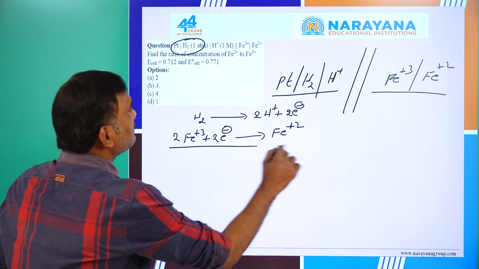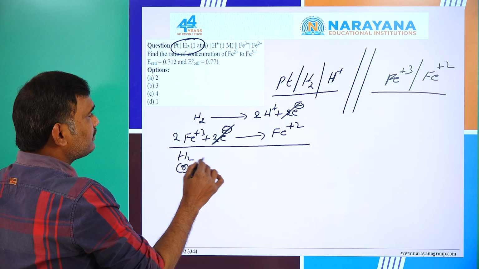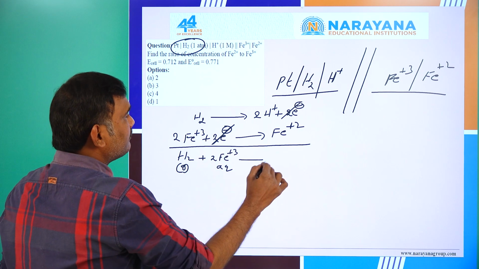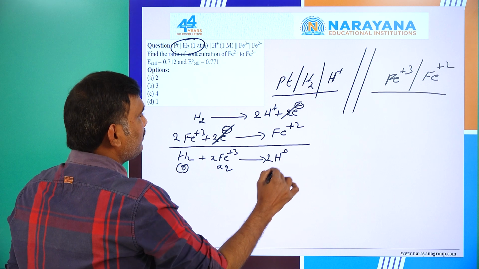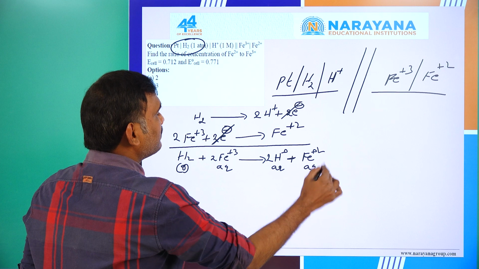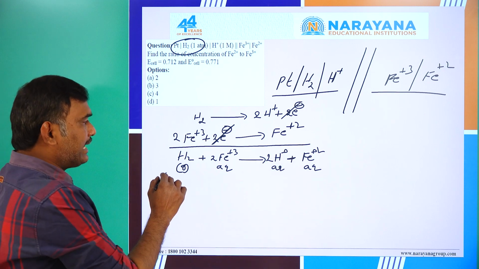Okay, now see that, students. That is hydrogen gas plus 2 Fe+3 aqueous becomes 2H plus aqueous solution plus 2 Fe+2 aqueous solution. This is the net reaction for the given electrochemical cell.